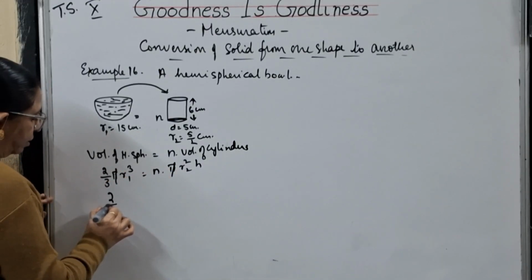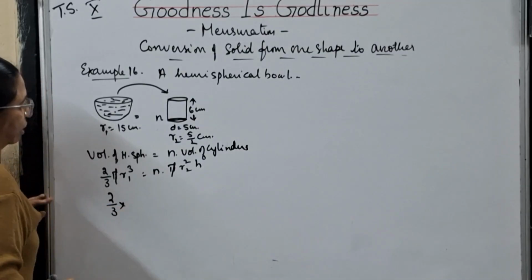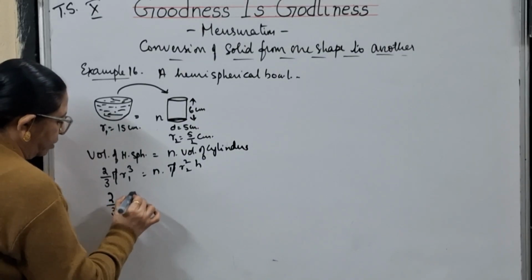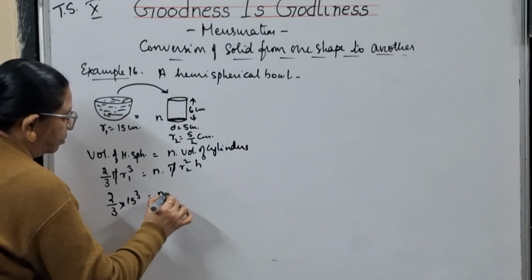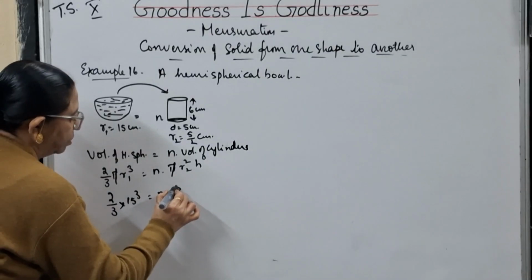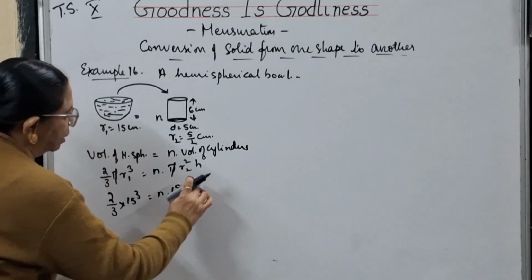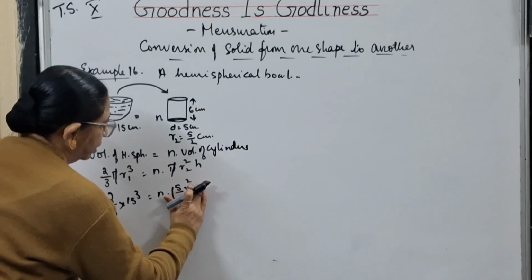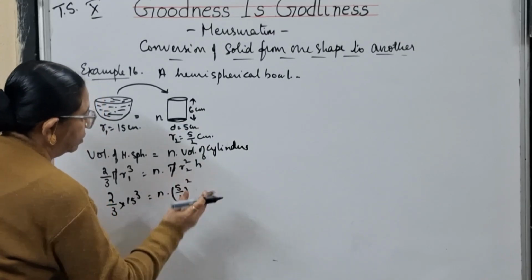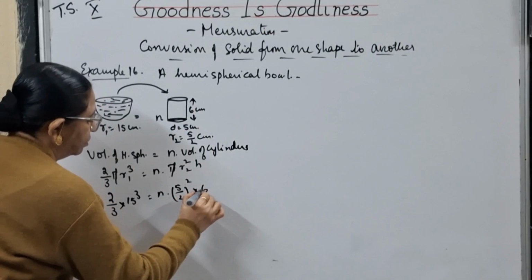So you are getting 2 by 3 into r1, which is 15 cube, is equal to n into r2, which is 5 by 2 whole square, into height. Height they have given as 6 centimeters, into 6.